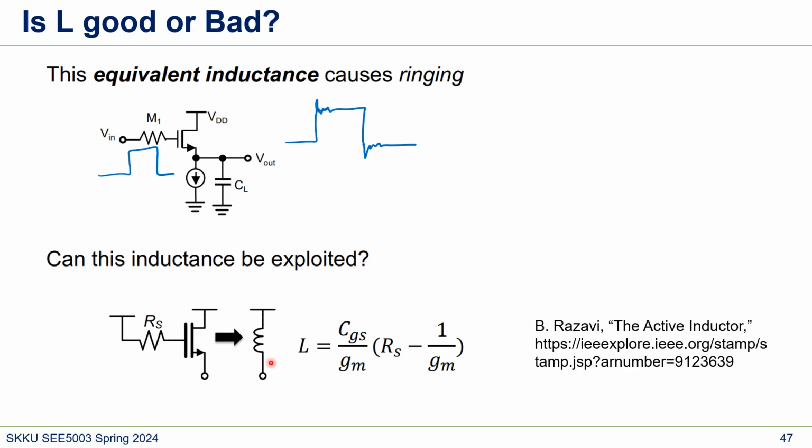The thing is, making an inductor consumes a lot of area. It looks like this. There are various types of inductors too, like some look like a figure eight or some just square. So this can actually be a useful circuit.